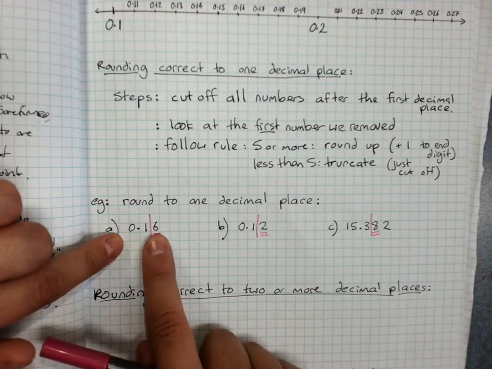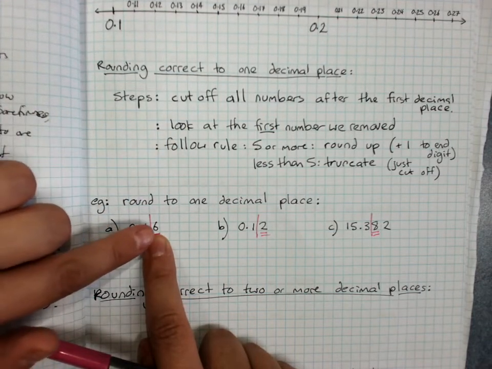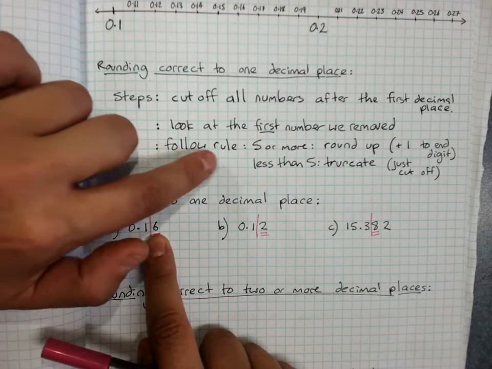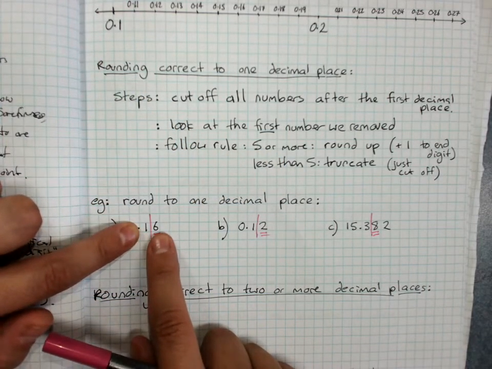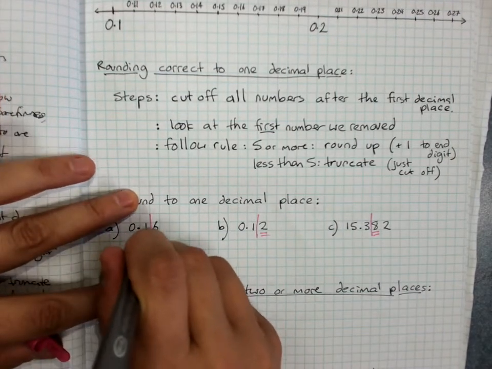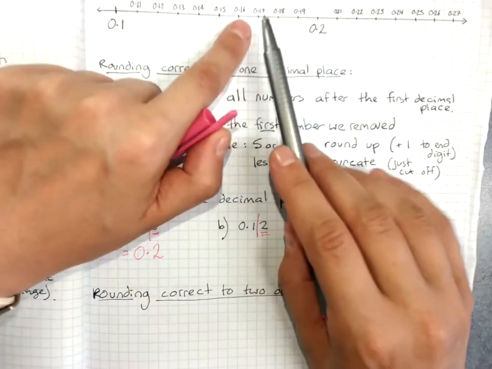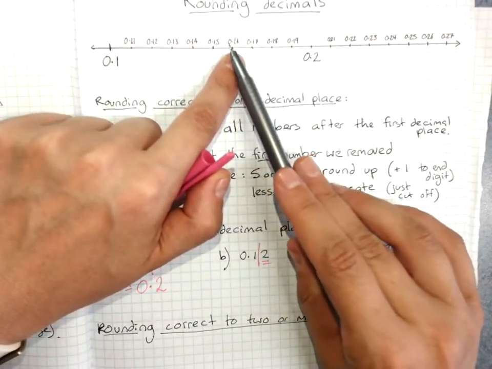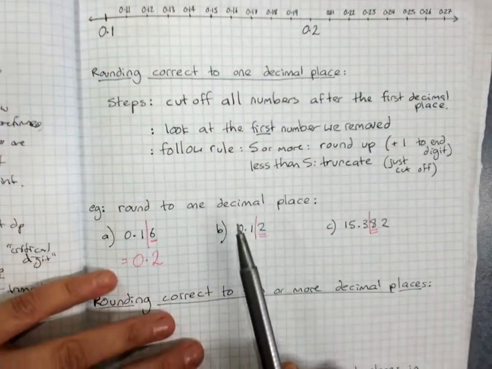We only look at the first number we cut off, the critical digit. If it's 5 or more, we round up. That is +1 to our last digit. It's more than 5, so I add 1, and this becomes 0.2, which is correct. If I'm going to only 1 decimal place, this is closer to 0.2 than 0.1.